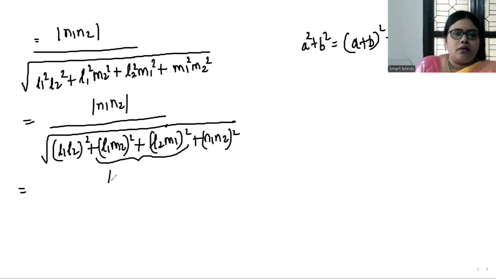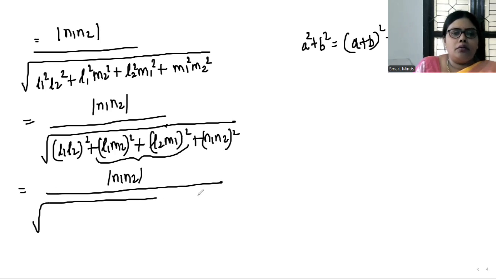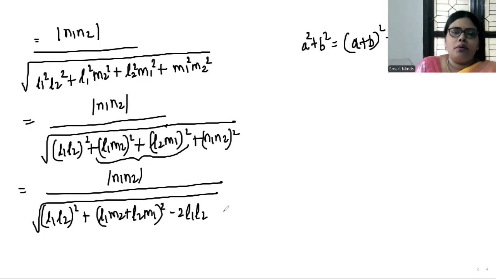So that is mod N1 N2 by root over (L1 L2) whole square plus, now we will apply (a plus b) whole square, (L1 M2 plus L2 M1) whole square minus 2 L1 L2 M1 M2 plus (N1 N2) whole square.